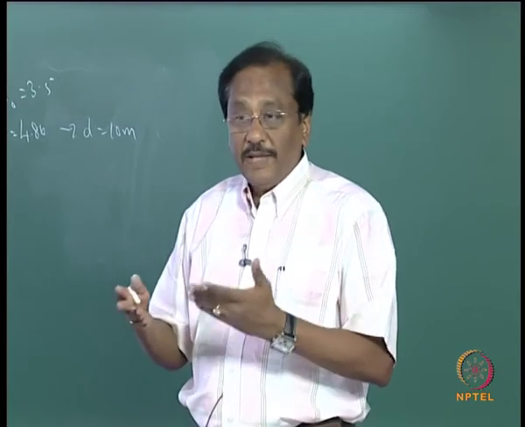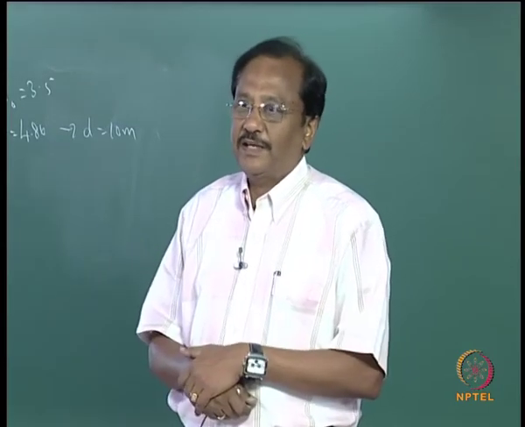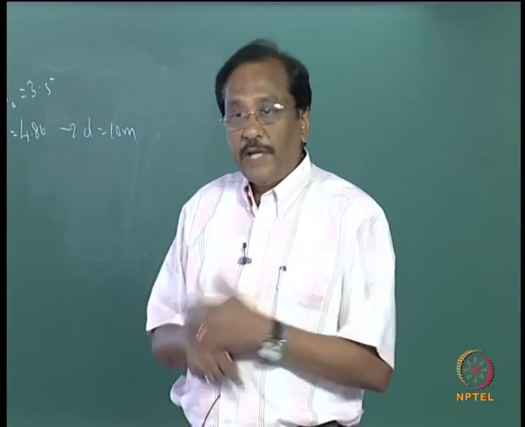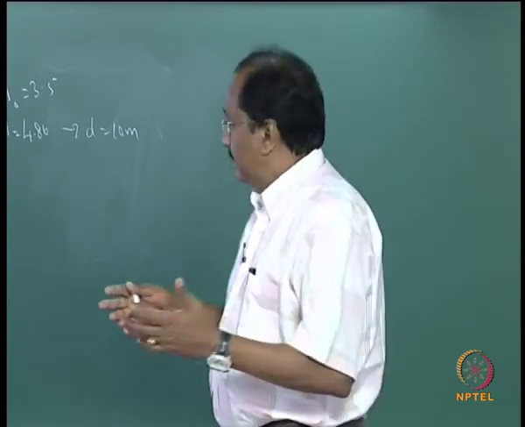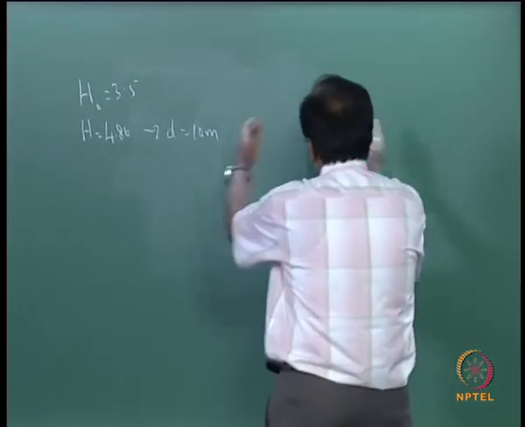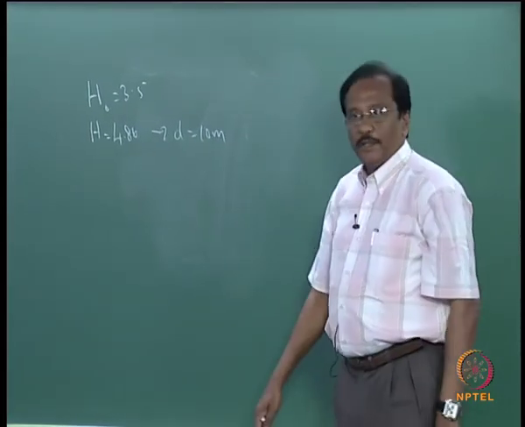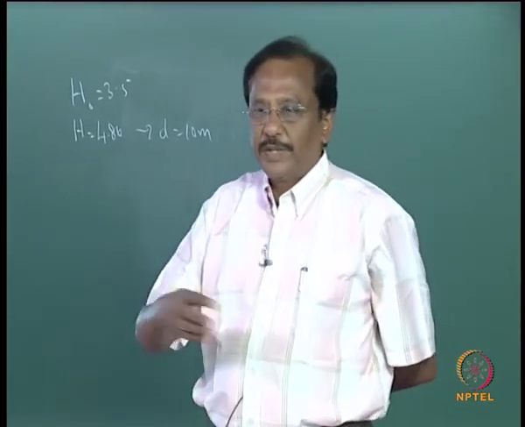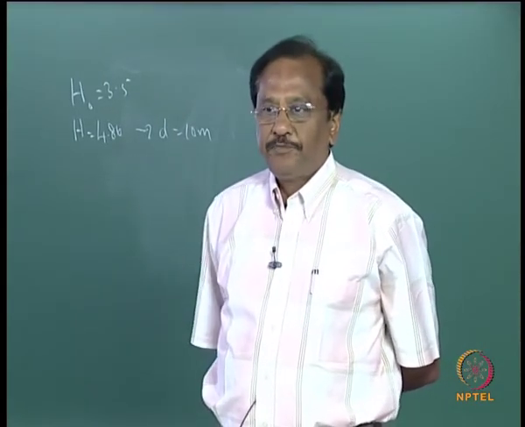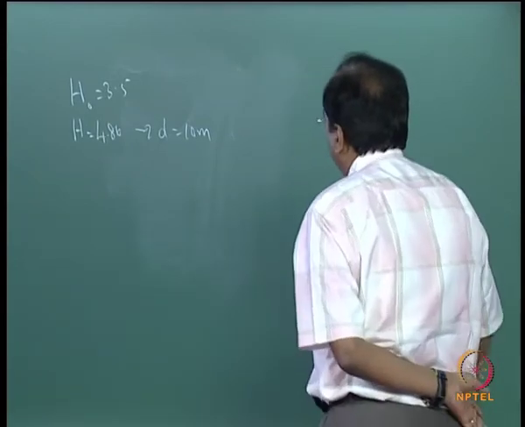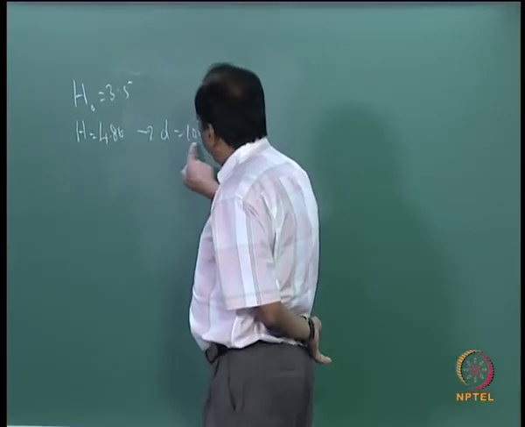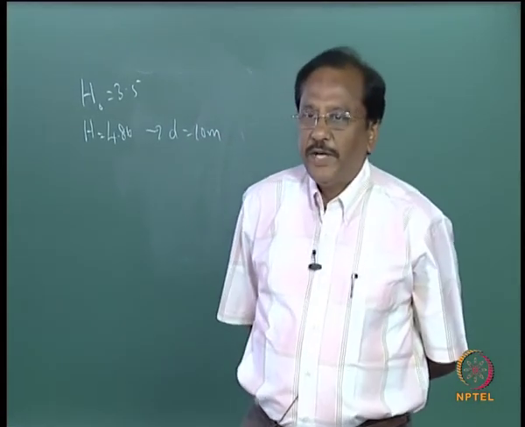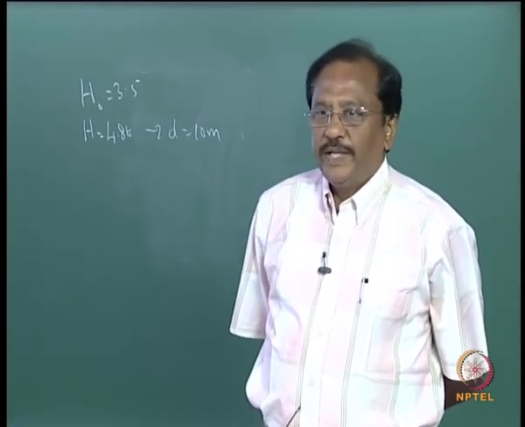So later we have to make sure that the assumptions are correct, it should not give wrong results. There may be a situation that the orthogonals will never come close, this depends on many other factors, for example the bathymetry. Okay. So in a water depth of 10 meters we have a wave height of 4.86 meters.